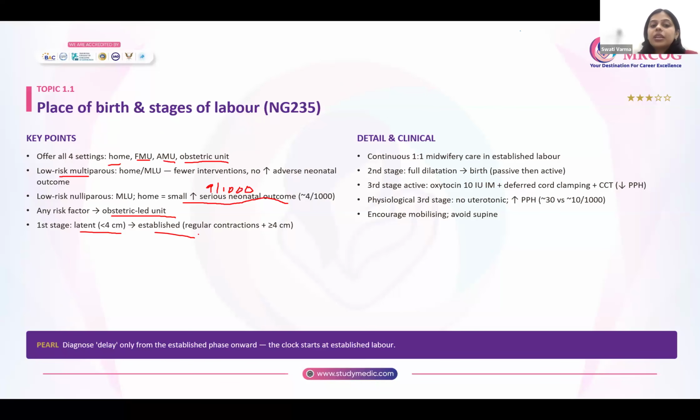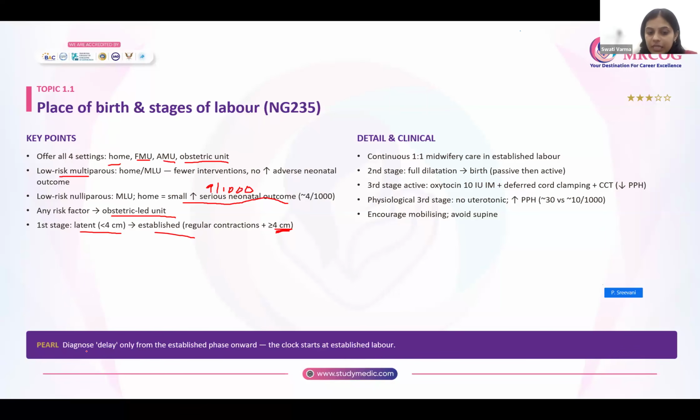Whereas in established labor, the contractions become regular and cervical dilatation has advanced to 4 centimeter or more. So this 4 centimeter is the threshold, remember, to differentiate between latent and established labor.